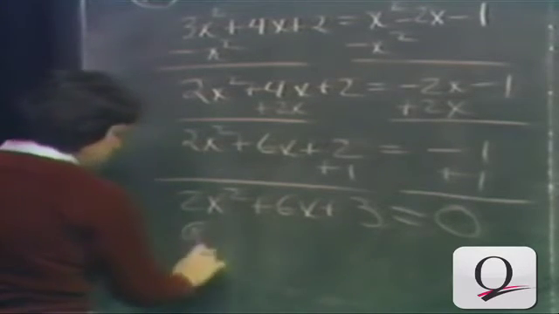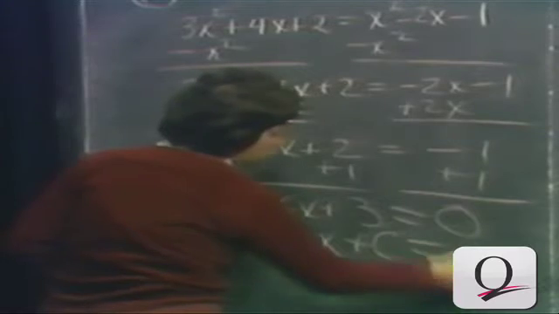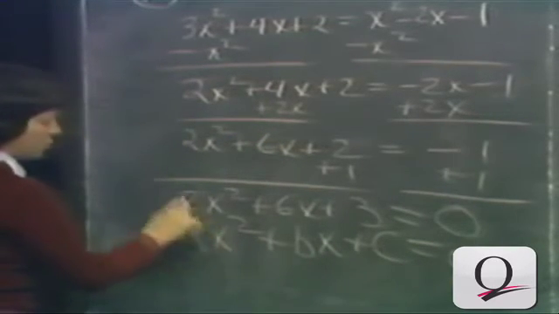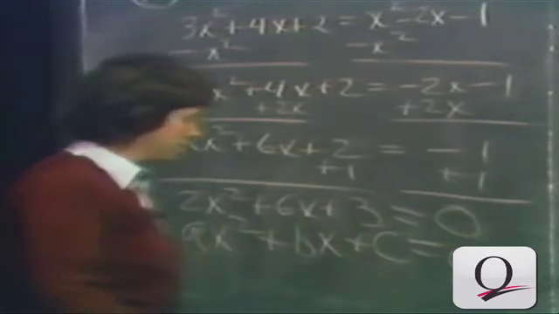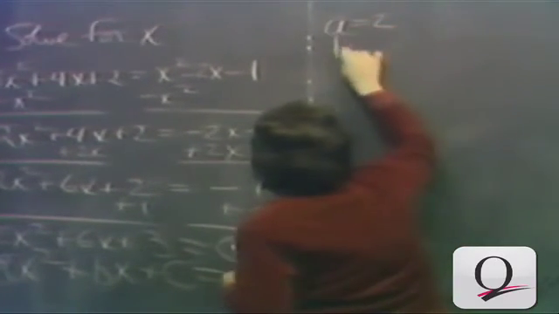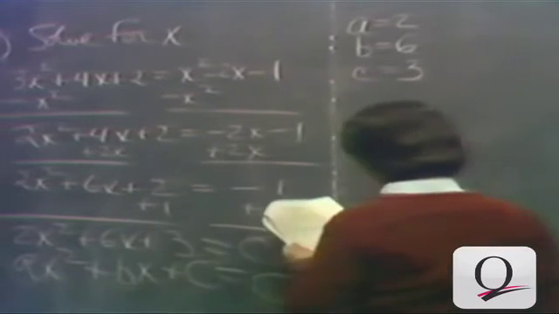And we're going to match this up to ax squared plus bx plus c equals 0. And we see that a is equal to 2, b equals 6, c equals 3. Let's write that down. a equals 2, b equals 6, c equals 3.